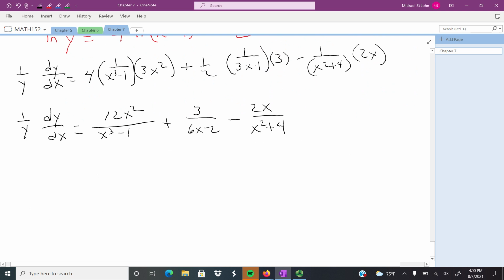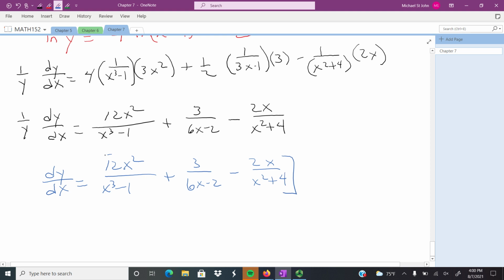Now we're not quite done, because we do want to solve for dy dx, so we're going to take the y over by multiplying. And so dy dx is going to equal 12x squared over (x cubed minus 1) plus 3 over (6x minus 2) minus 2x over (x squared plus 4), all of that times y.